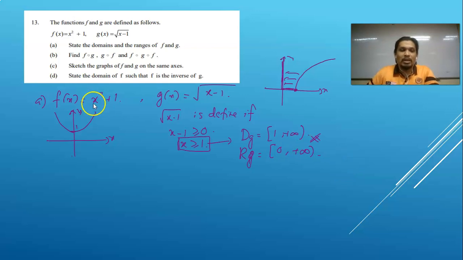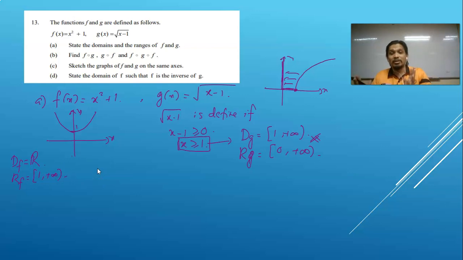So class, since the question did not mention the value of x for this, I assume that the domain of the function x squared plus 1 in general is all real numbers, and the range of f is 1 to positive infinity.